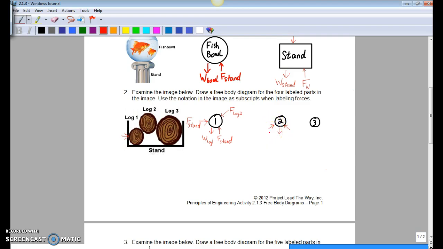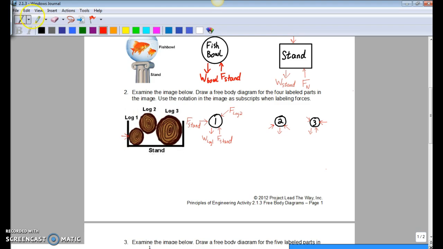We won't label them, but log 2 has 3 forces. Log 3, similar to log 1, has 4 forces. So keep in mind what forces those are. When you draw your free body diagram, you're going to need to include the labels on those forces.